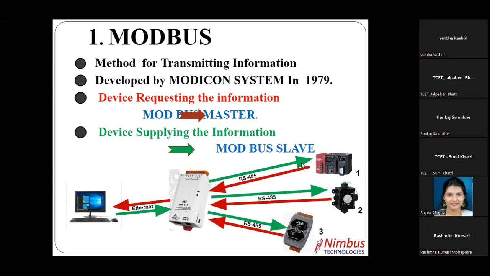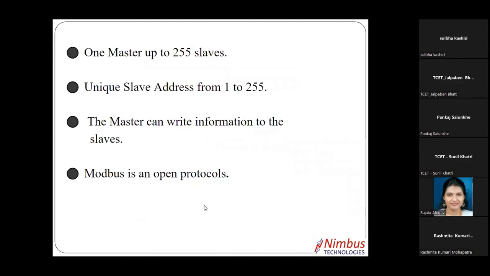The green line is the request transferred from the master. The master is your computer, and the red line is the response from the slave to the master. One master can communicate with 255 slaves. Practically, it is not possible to communicate with 255 slaves because of time delay.